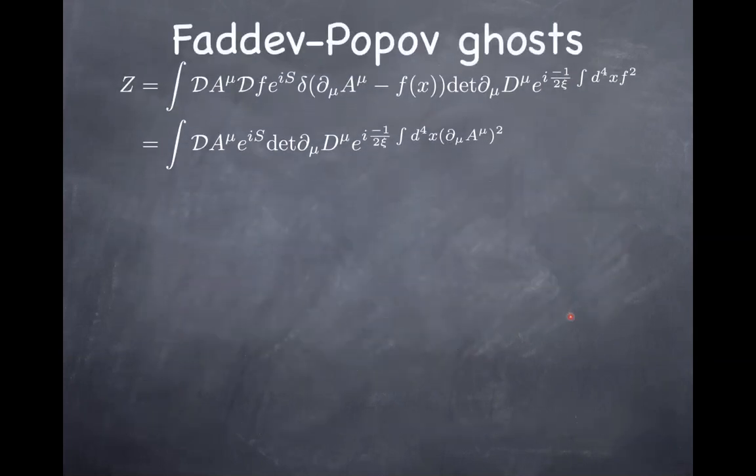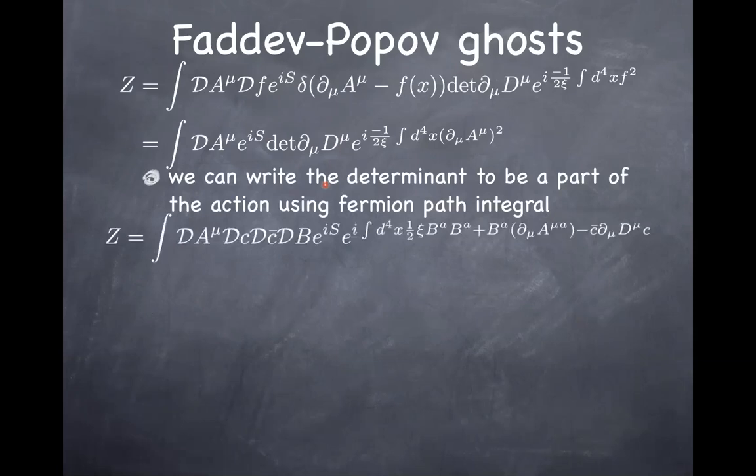So this is now the gauge fixed Lagrangian, and I do a little bit more rewriting so that we can actually understand this Lagrangian better, and we develop perturbation theory with it. So first of all, having this determinant is still not a good way of doing perturbation theory, because you have to compute the determinant and stick that into the path integral. So this is not the way you can understand the Feynman diagrams. So instead of sticking in the determinant, I rewrite this determinant using a path integral over this fermion field c and c bar.